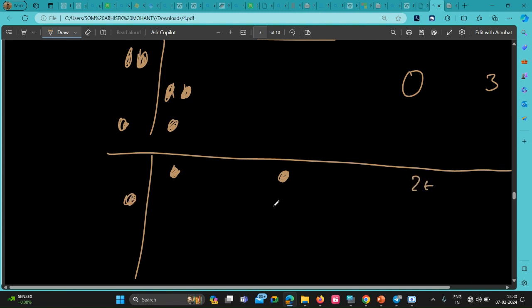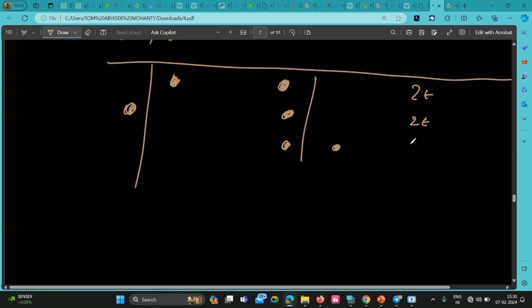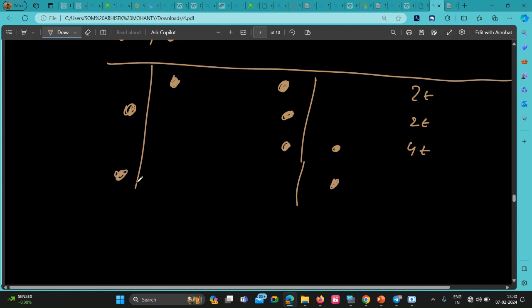One particle here, one particle here, this is also giving me 2 epsilon. Then suppose one particle here, one particle here, so this will be giving me 4 epsilon. And what is another one?